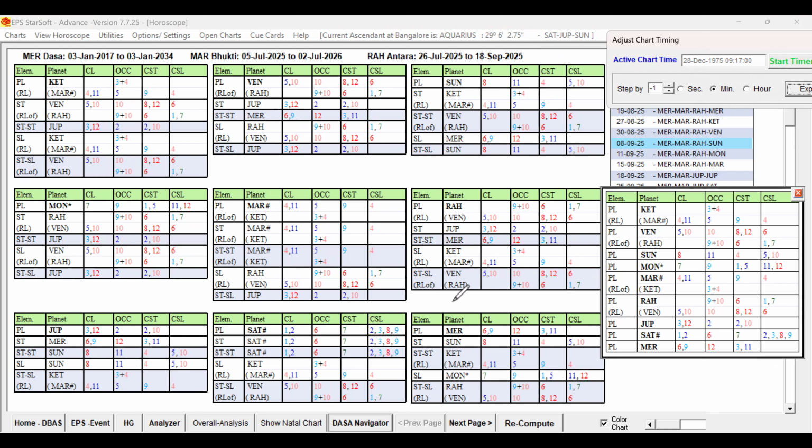So you can see other than Mercury, Ketu is in the star of Venus, sixth sublord, this is not favoring the marriage. So this is not going to favor. Venus itself in the star of this one, this is fine, but this is not good. So Venus, when it is playing a role as the ruler, will not favor the marriage.